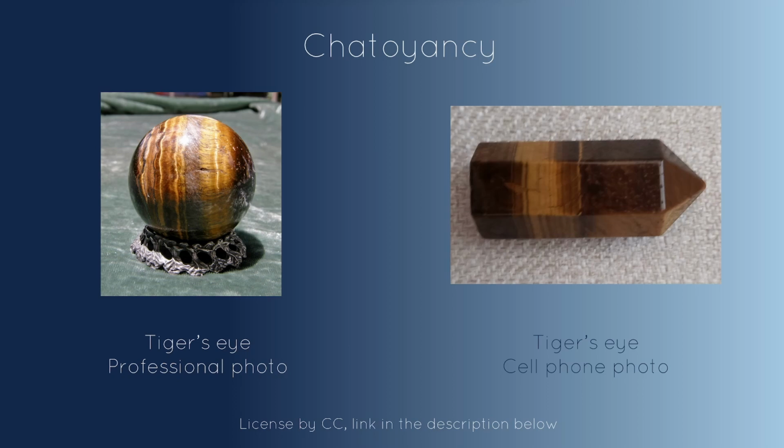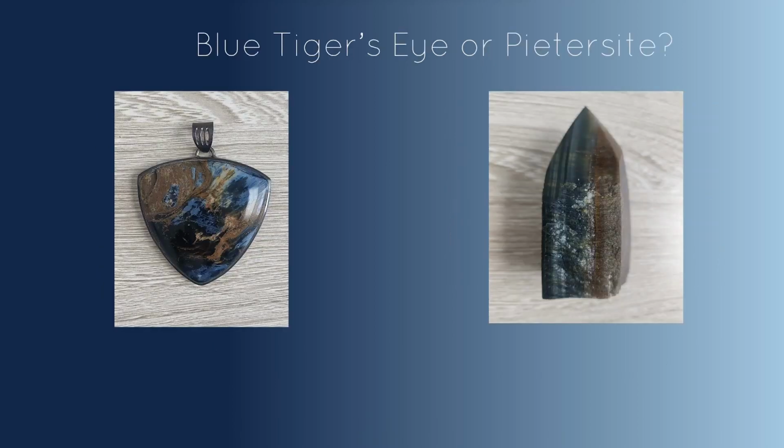Some fluorites exhibit bands. And in the absence of proper lighting, tiger's eye can be confused with bronzite, to the point that with these two crystals, which one is blue tiger's eye and which one is petersite? Petersite is the one on the left, blue tiger's eye on the right.